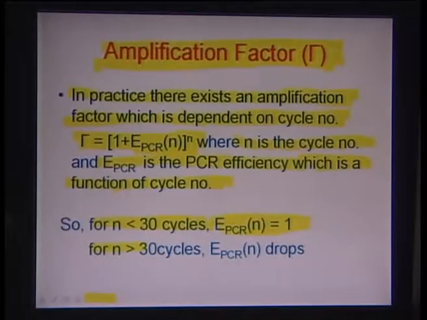And for a number of cycles more than 30 cycles, the E_PCR drastically drops down, and this kind of plateaus the growth rate for the DNA of a particular sequence, right.